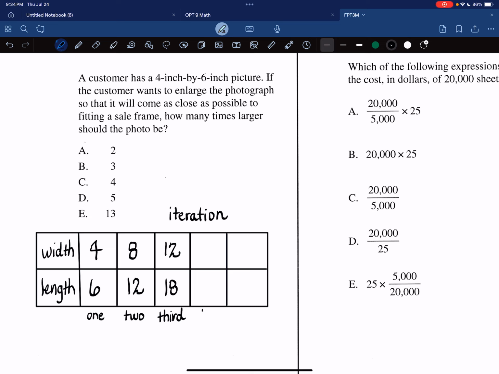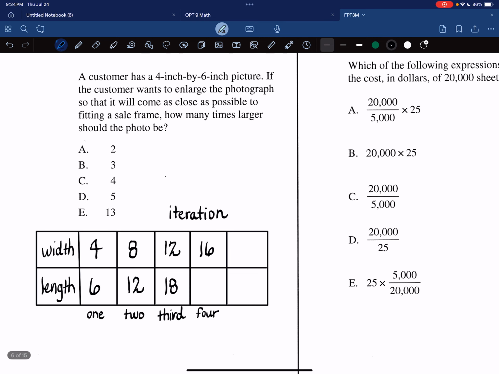So on the fourth iteration, we would have another 4 on the top row, and on the bottom row we would add 6. So 18 plus 6 is 24. And we have found what we're looking for. I don't know why I decided to use the word third instead of the word 3.